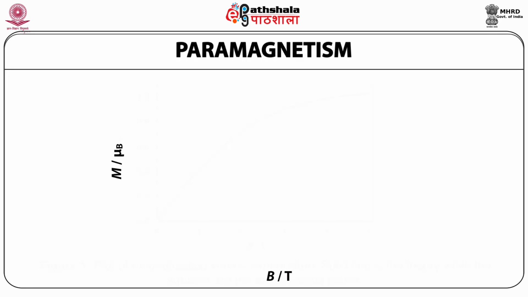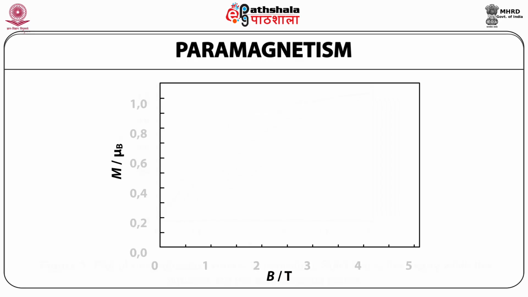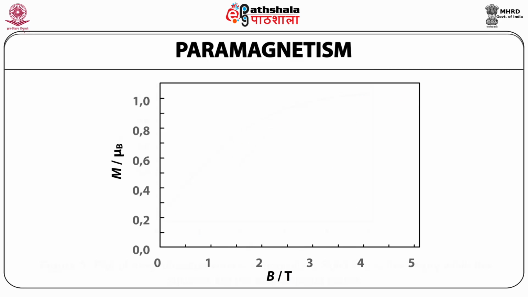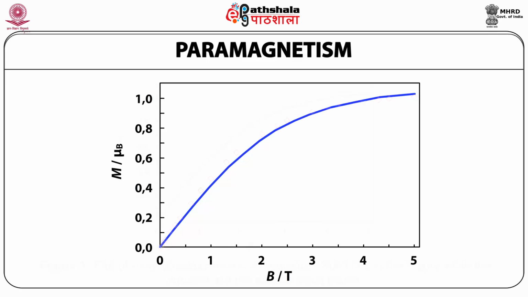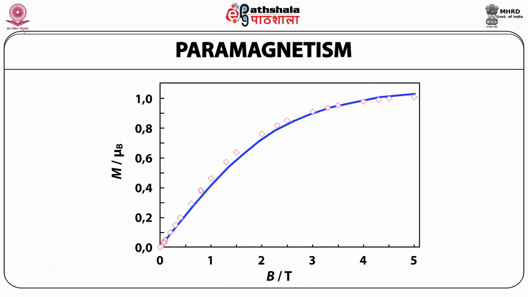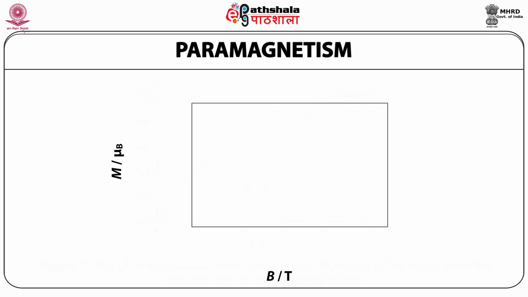So this figure shows you a plot of magnetization versus temperature. The solid line is the theory while the squares are the experimental points, and you see it's an excellent agreement. This is magnetization divided by mu B versus B by T, and you see how beautifully the theory coincides with these experimental values.